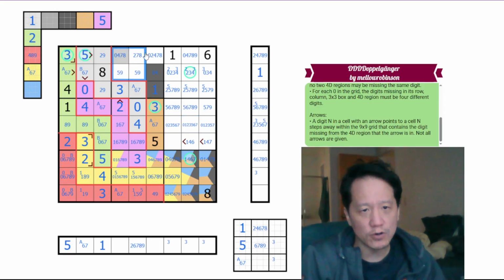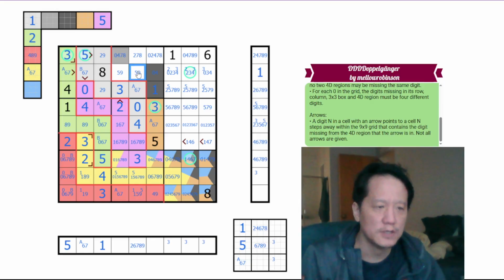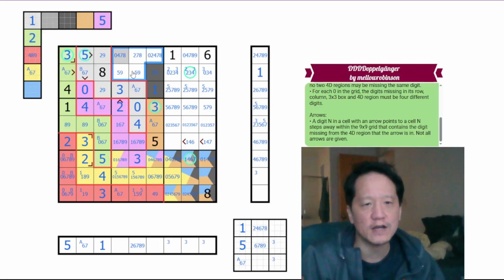If this were all a different region here, so say this was a different region, we would be guaranteed to have a 5 here, all in that region, right? Because it has to exit out somehow.